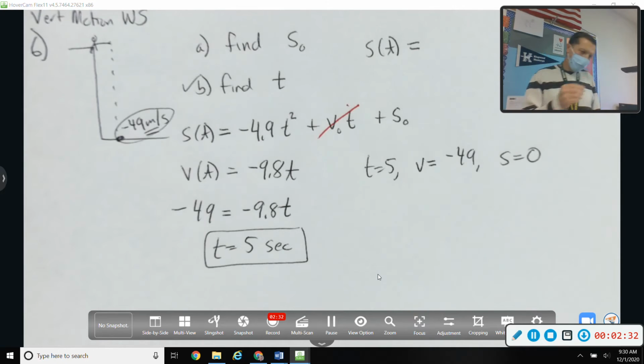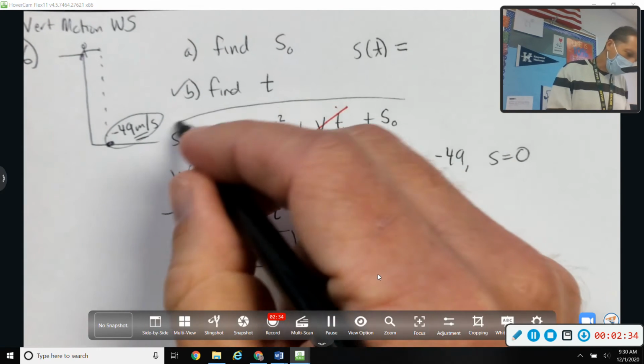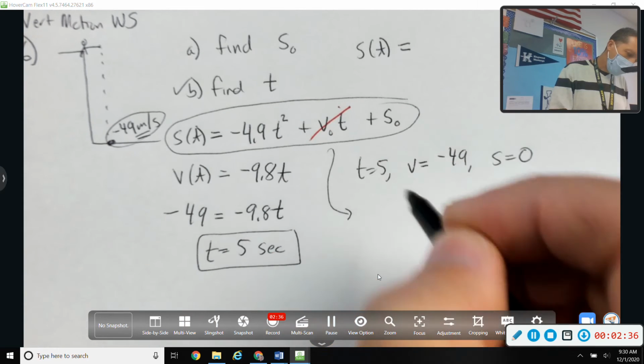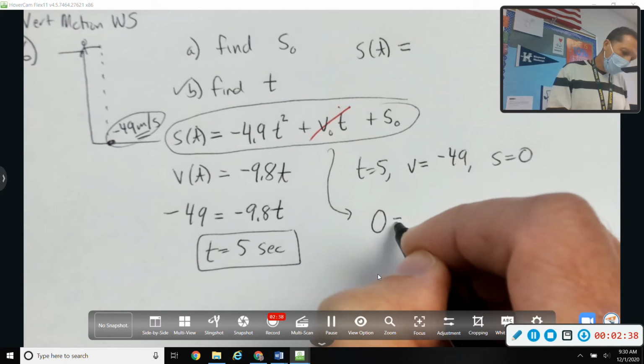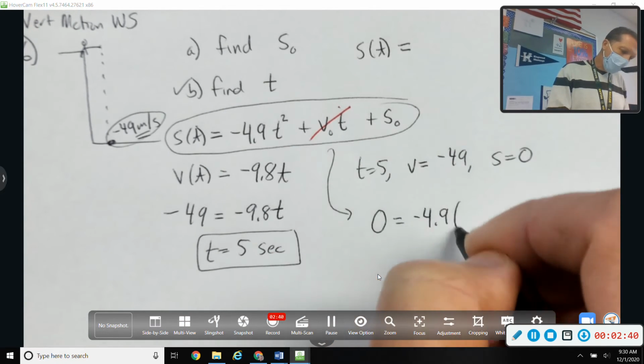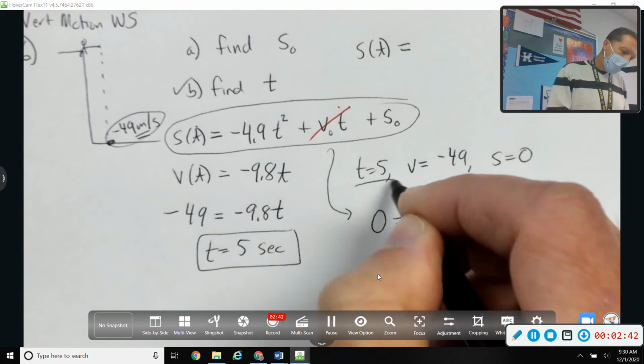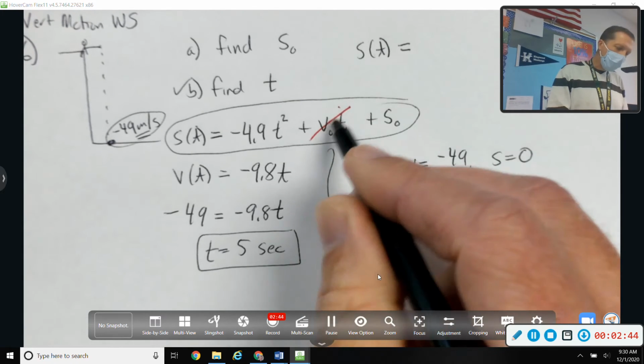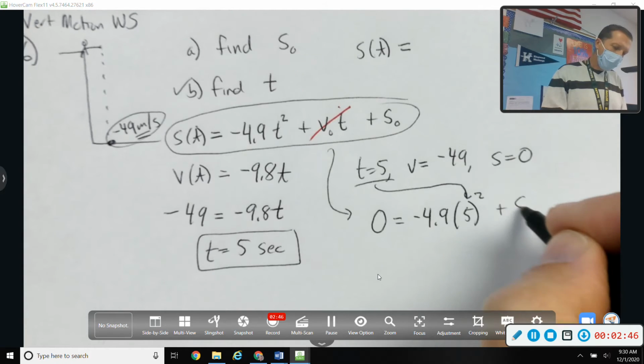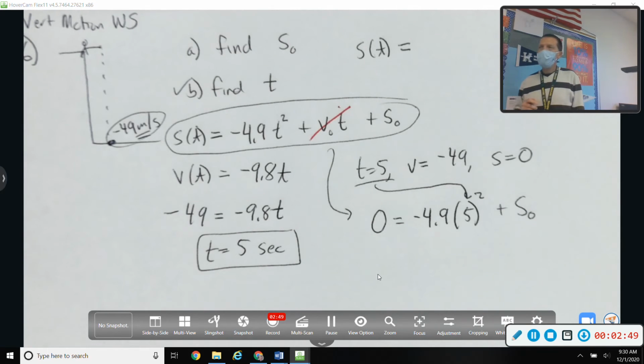So let's see if we can put all that together, probably in this equation. So 0 equals negative 4.9 at time equals 5. V0 was 0, so that was gone, plus S0.